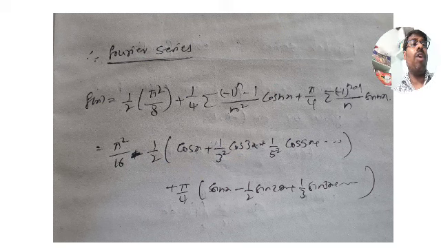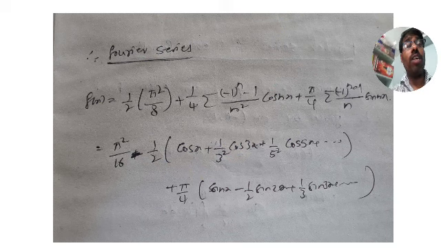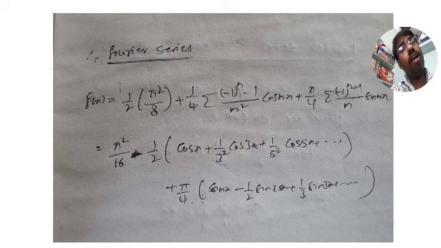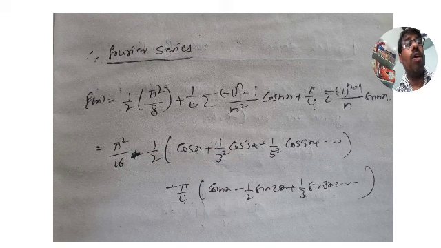So this is what we covered in this class: Fourier series of discontinuous functions. How will the discontinuous functions be and how can we find Fourier series for them? That's what we did here. We gave solutions for three problems in a single class.